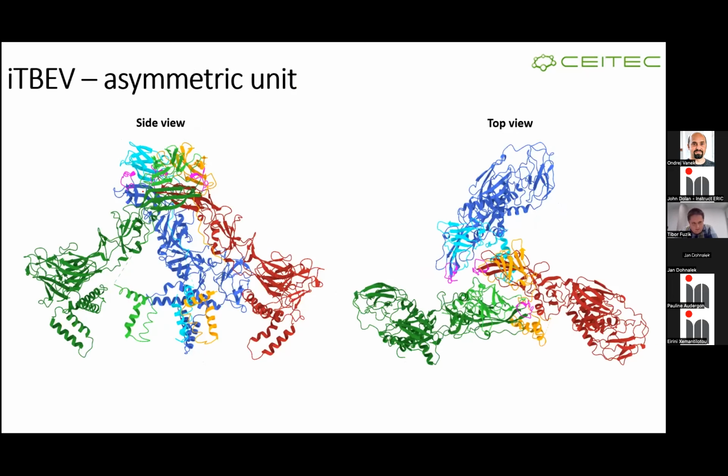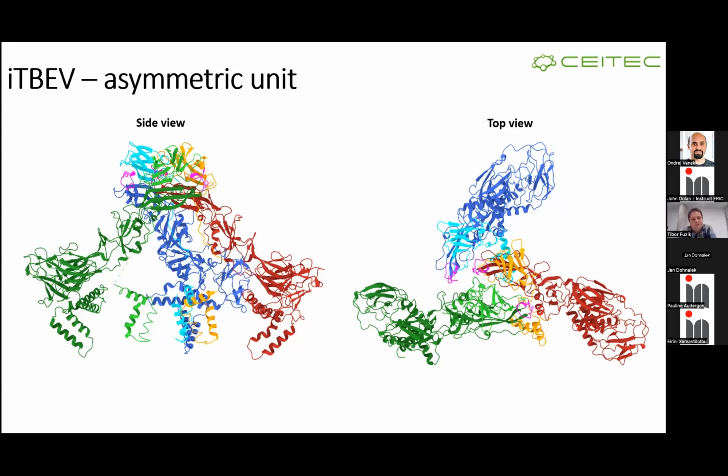If you go to ribbon representation, again, we can see that we have in dark colors the E protein anchored in the membrane. And then in lighter colors, we have the PRM part, which is covering the top of the E protein. And this forms a kind of spike. So far we had for the mature particles a very smooth surface.